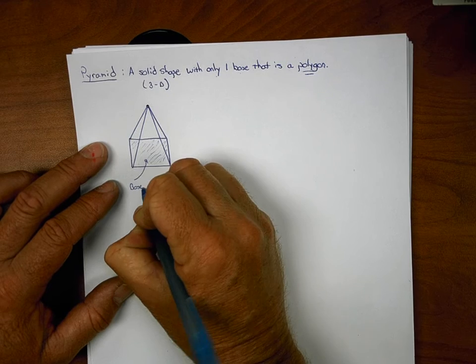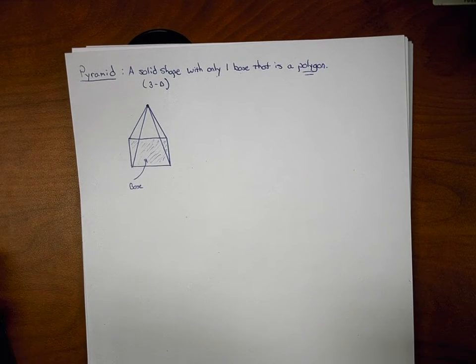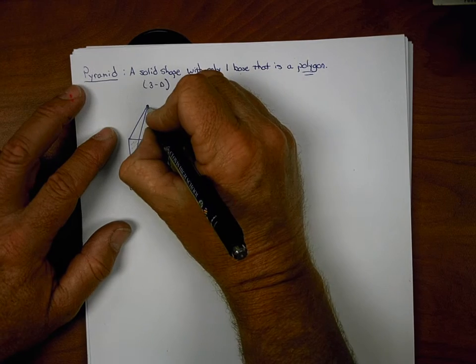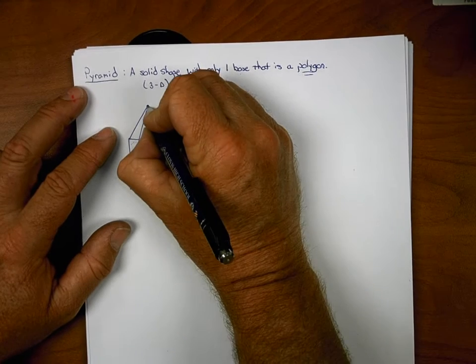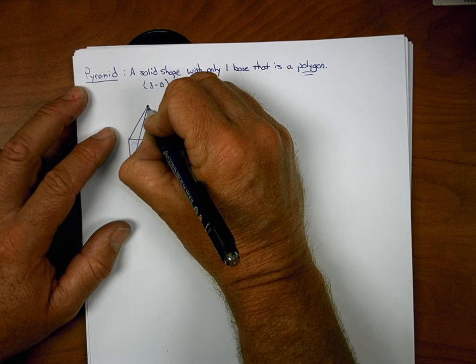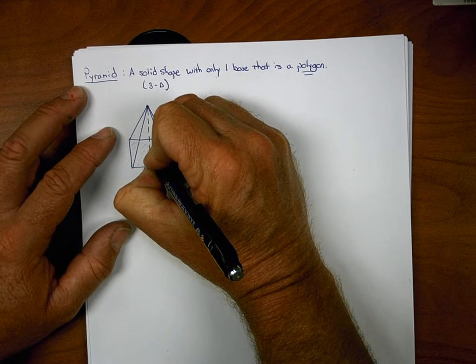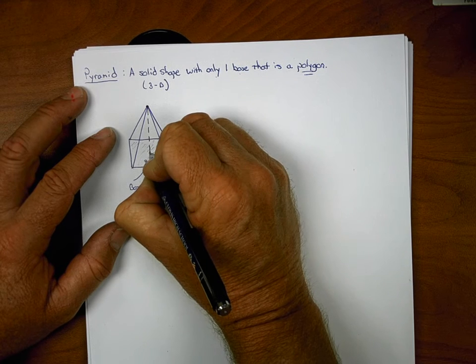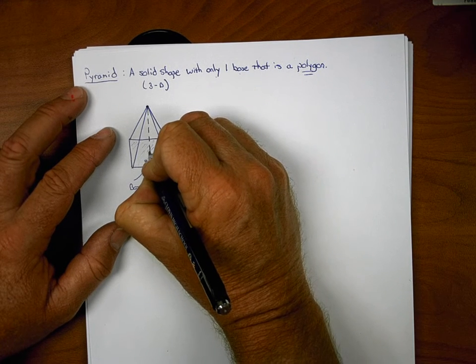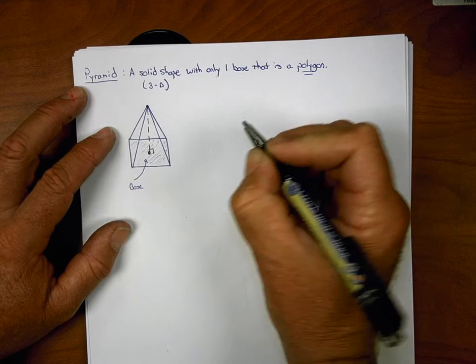Now, there are two other parts to a pyramid that you need to be familiar with. Okay, you need to be familiar with the height of a pyramid. The height of a pyramid always starts from the very top of the pyramid, the point of the pyramid, and then always goes through the middle of the pyramid, and it hits the base of the pyramid right in the middle, and it has to be 90 degrees.